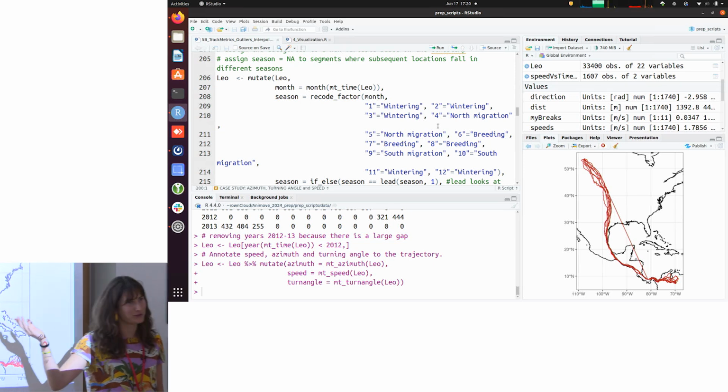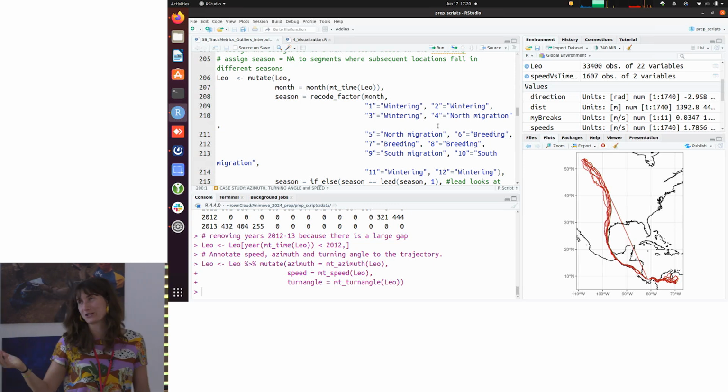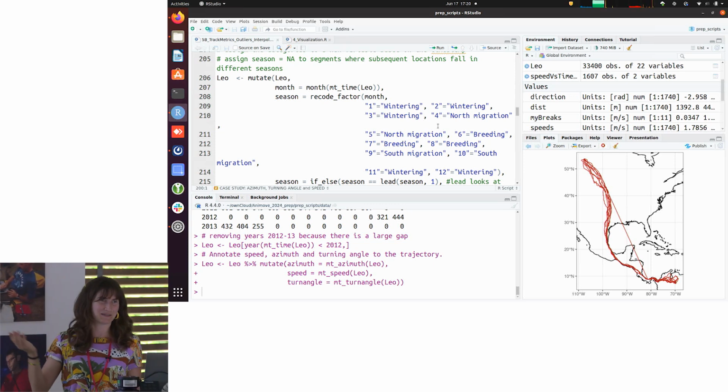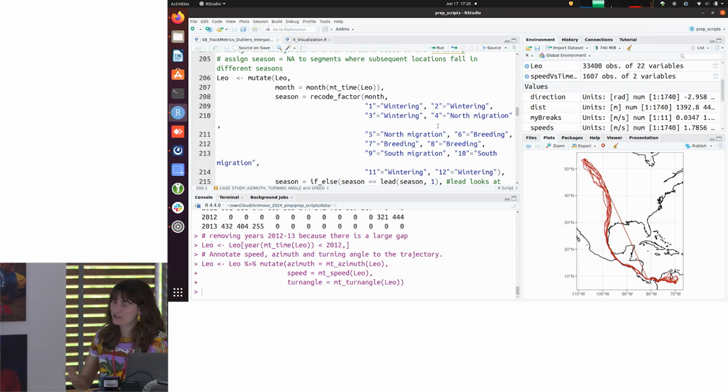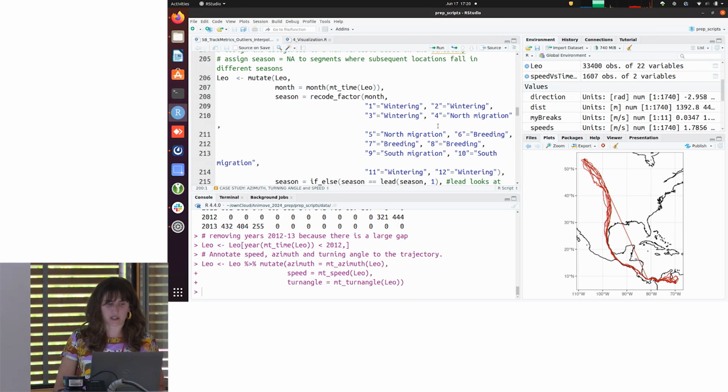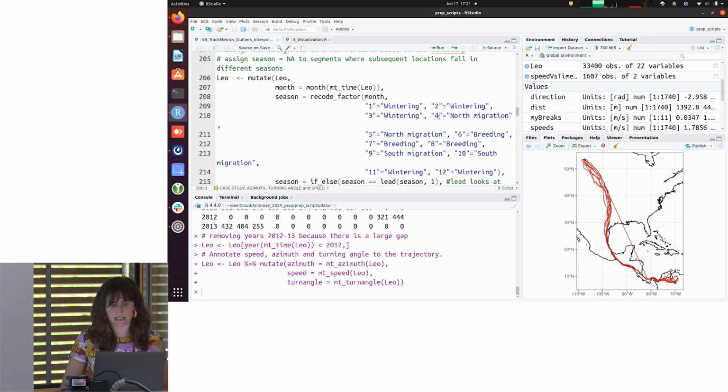We will show you tomorrow how you would do this in a better way. But just for this example, we are going to decide that Leo is wintering from January to March. Then in these 2 months, April and May, it's going to go on a north migration. Then it breeds from June to August, and then south migration.